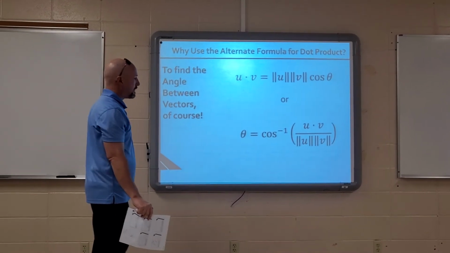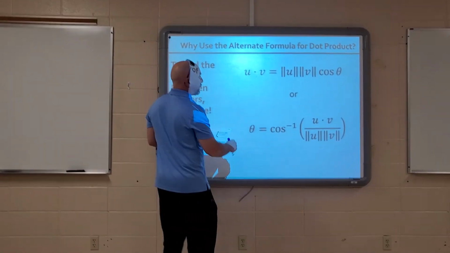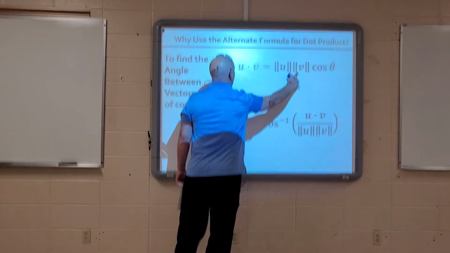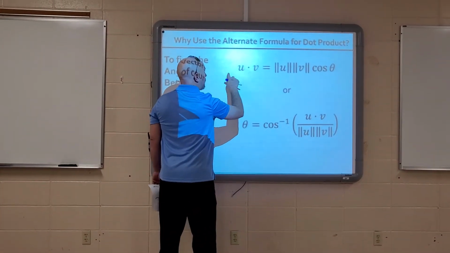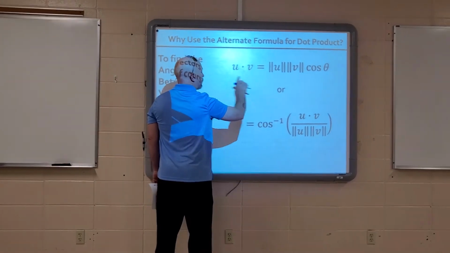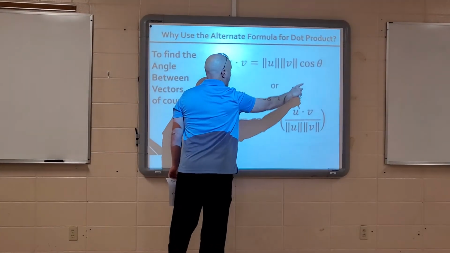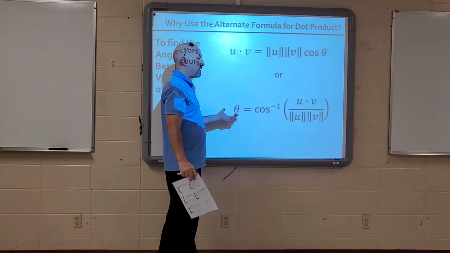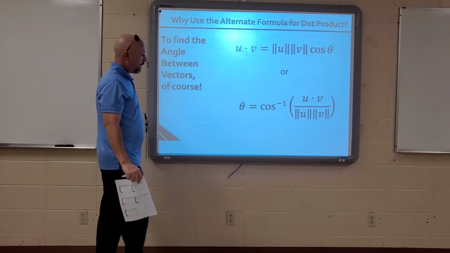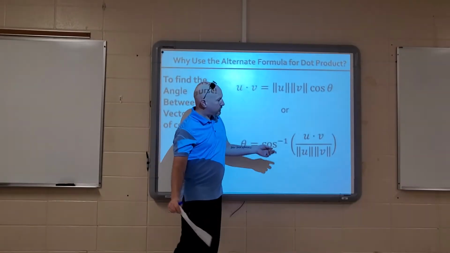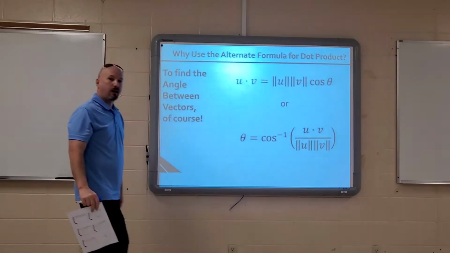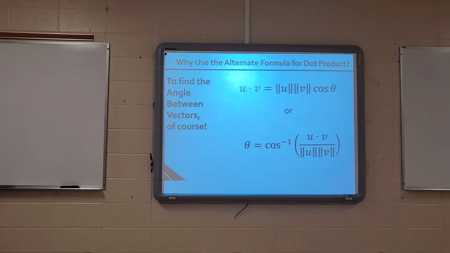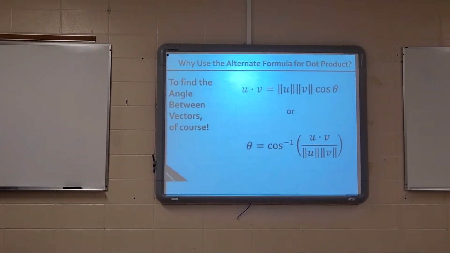If you do some algebra, if you divide by magnitude u times magnitude v, then you get u dot v over magnitude u magnitude v equals cosine theta. And then to get theta, you just take the inverse. But I went ahead and gave you this formula so that if you need theta, you can just plug in what you know and get the answer. It's a little easier for you to solve once you have that other formula.